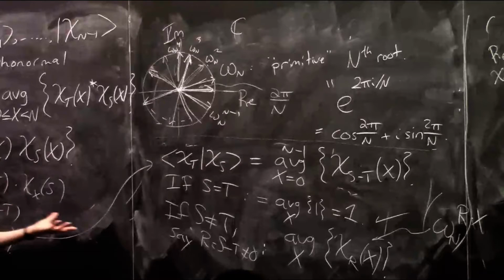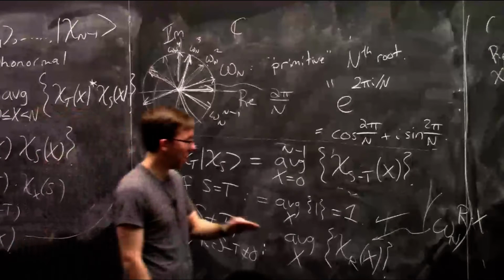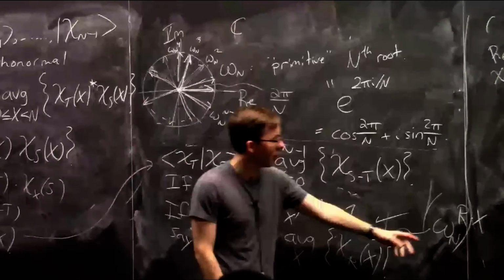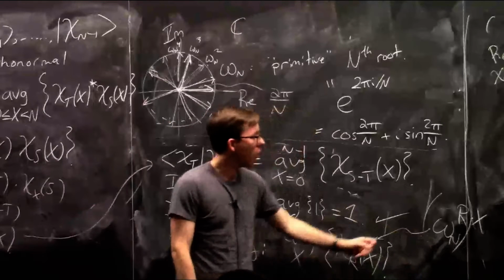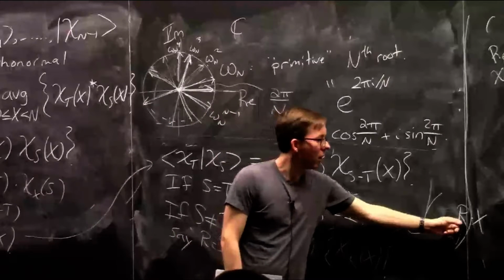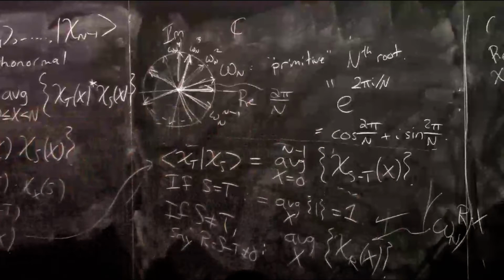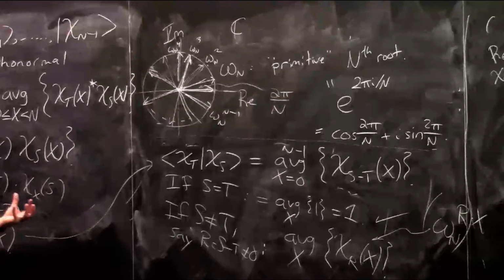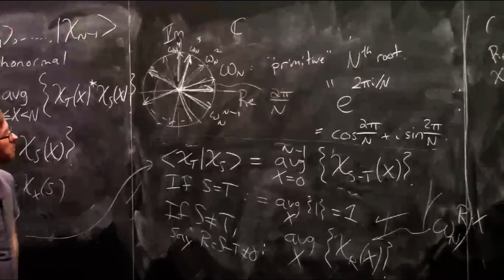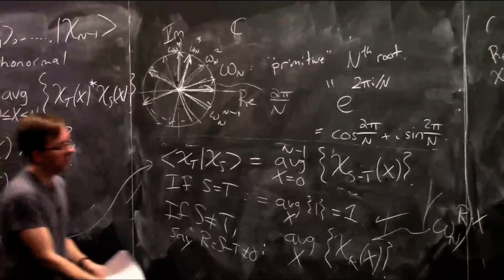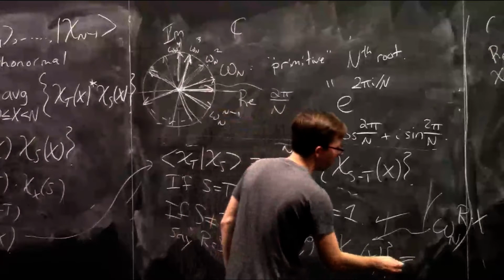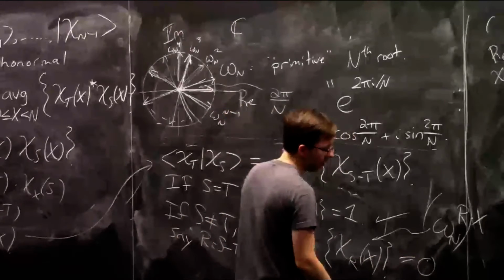I think you also did this on your homework. You computed that the sum or the average of omega to the r times x as x runs from 0 to n minus 1 is 0. You can also do it using the formula for a sum of a geometric series. So I'll assume you did that homework or got that picture from the symmetry.